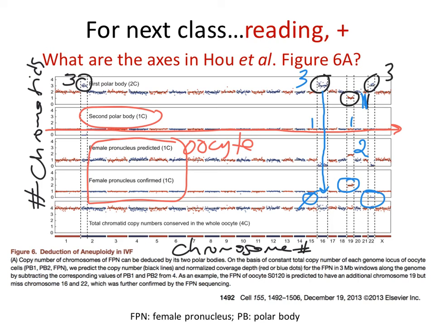So this is a big step in vitro fertilization, being able to use subtraction and our knowledge of meiosis to figure out what the genotype of an oocyte is. A good application of genetics knowledge.